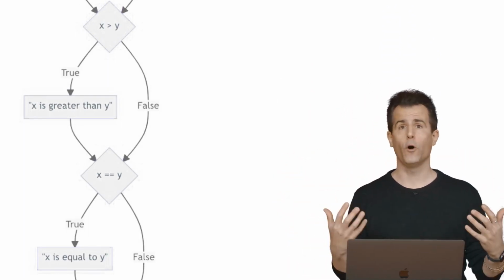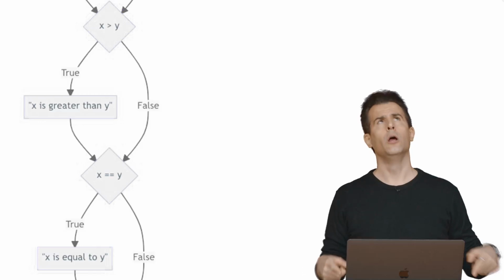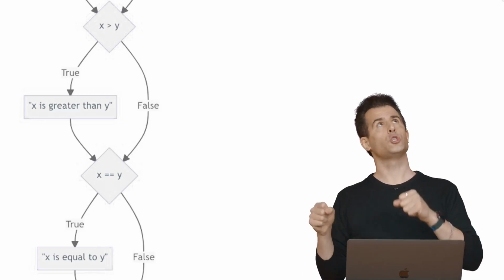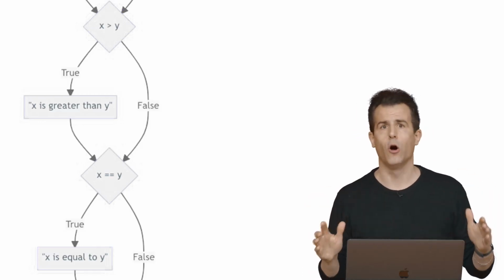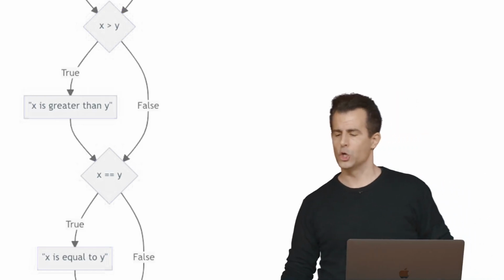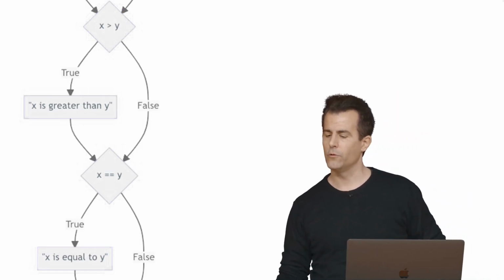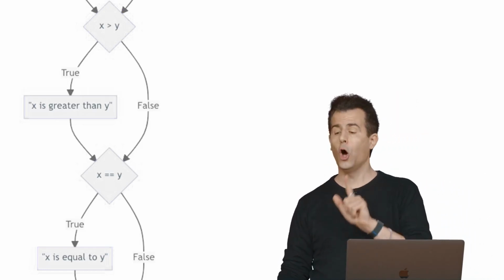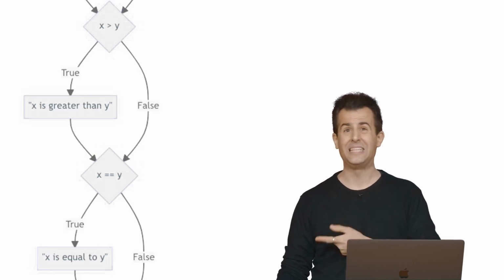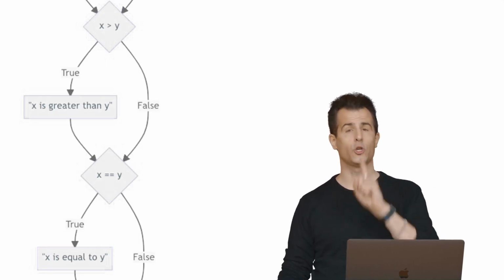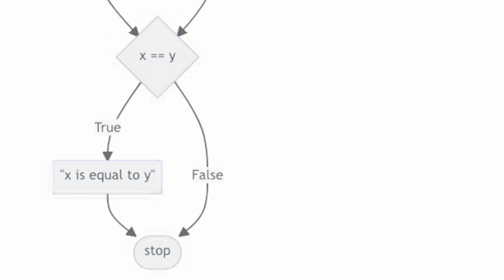That too has a true or false answer, so we go one way or the other. But if x is 1 and y is 2, then no, the answer is false. 1 is not greater than y. So logically, in the flowchart, you follow the false arrow this time. And notice, along that false arrow, you don't print anything this time. That's why we only saw one print out on the screen. Now, there was still a third question, and this flowchart captures that as well.